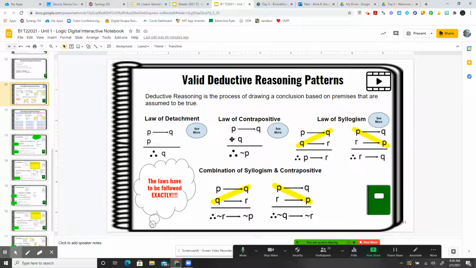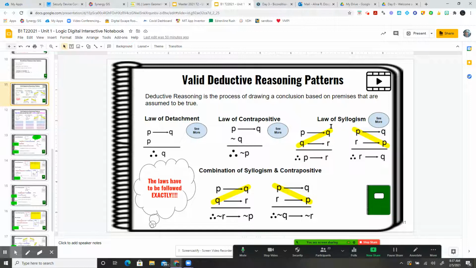So not Q. And then my second simple sentence is the negation of P, not P. So I've got detachment where I take one big sentence and I separate it into 2 simple sentences. I've got contrapositive where I separate it into 2 sentences, but I switch the order and negate them, okay?